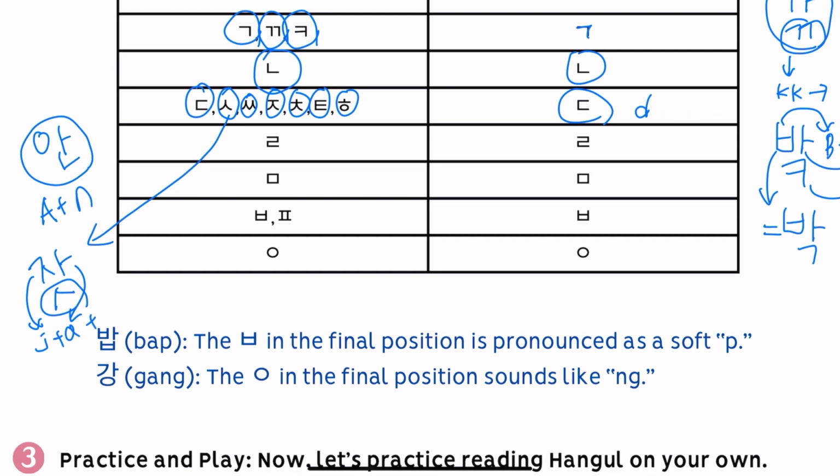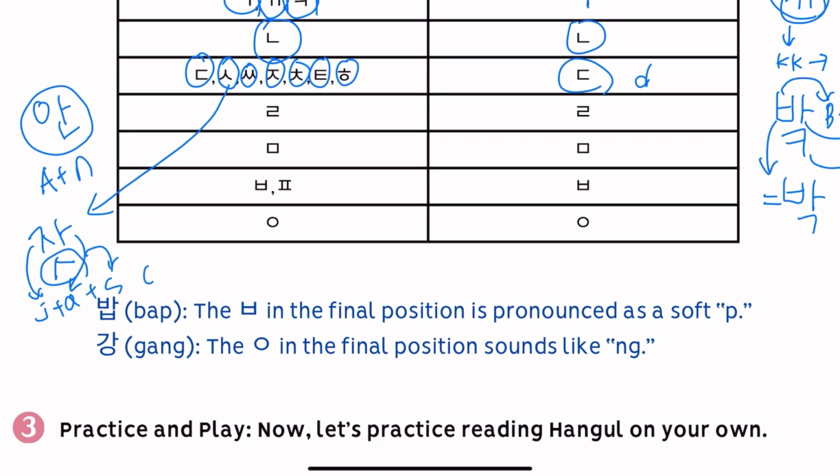And for the case of the c sound, it was supposed to go like chas, but it is not chas. It is the same as the d sound, so it goes like chat. It is not difficult.